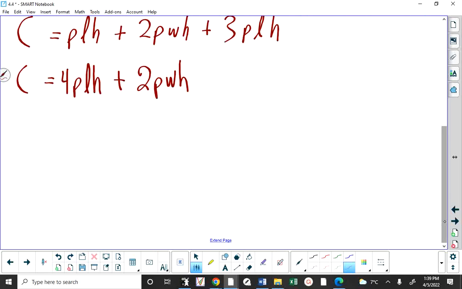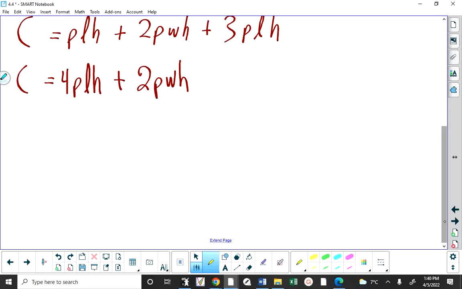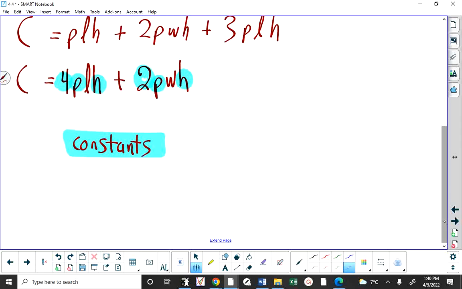Well, we can differentiate. But we need to get rid of a variable. I want to point out something to you that's crucial to being able to solve this now. Those are all constants.